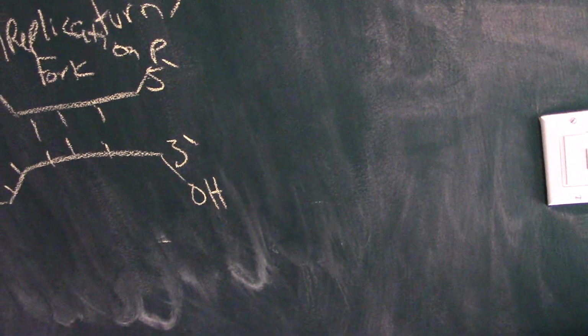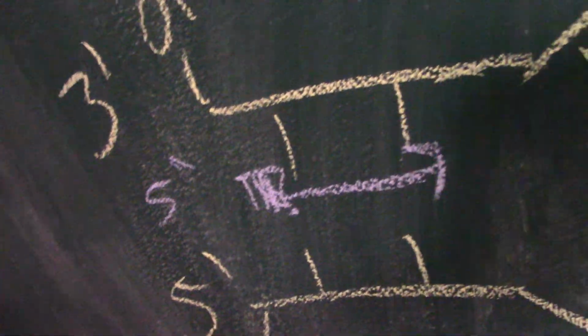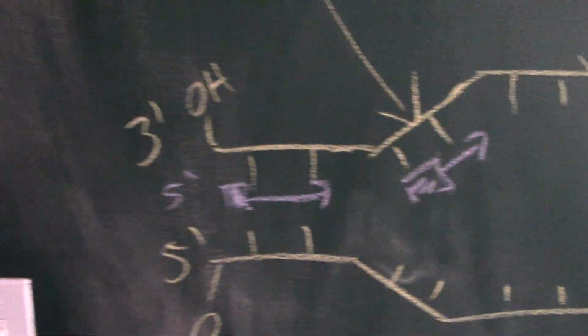So what we do first is, there has to be a proofreading mechanism. Okay? So, if there's a strand that's built, if this is 3' to 5', the new strand that's going to be built off of this strand is going to be 5' to 3'. Okay? So, what happens first is there's a proofreading mechanism. So there's a series of enzymes called primases.